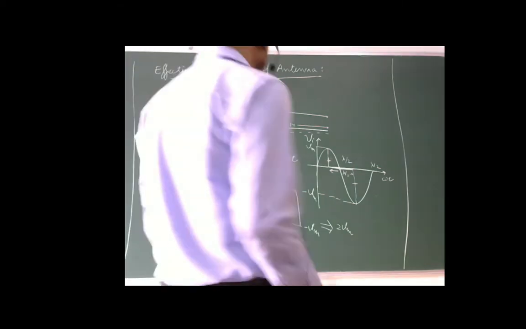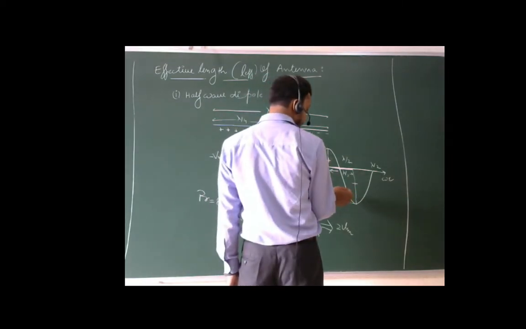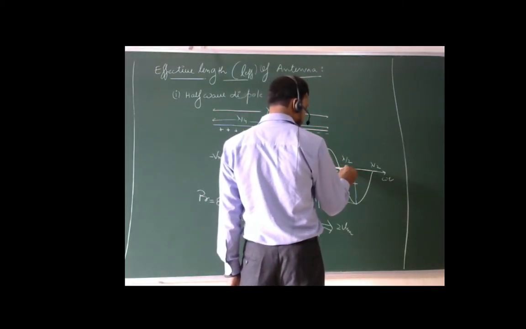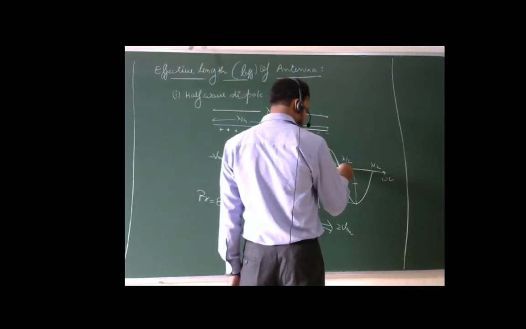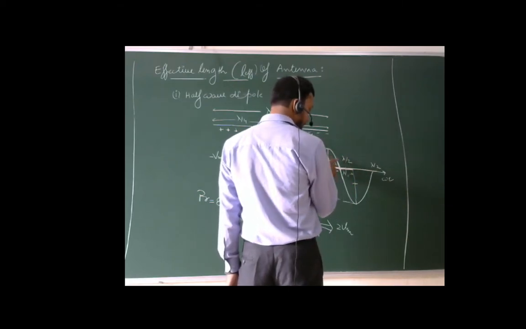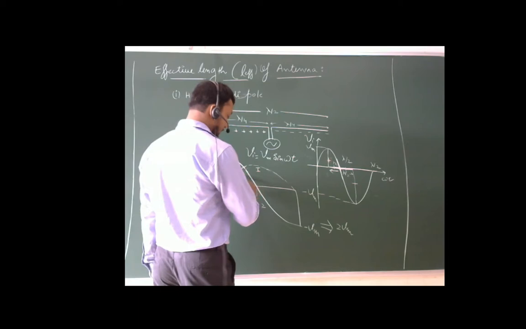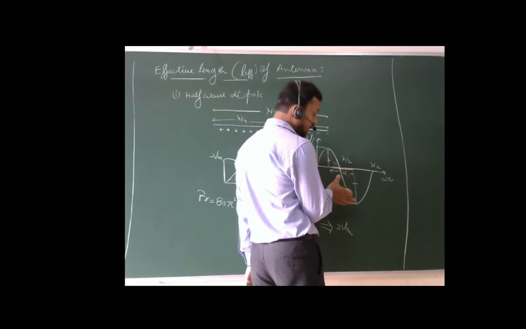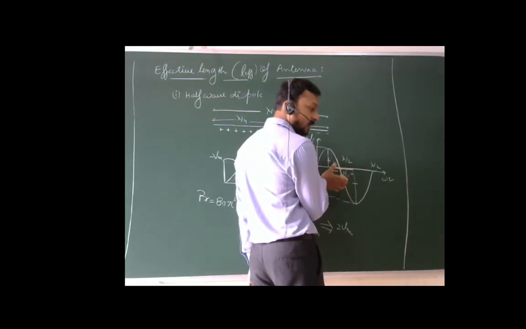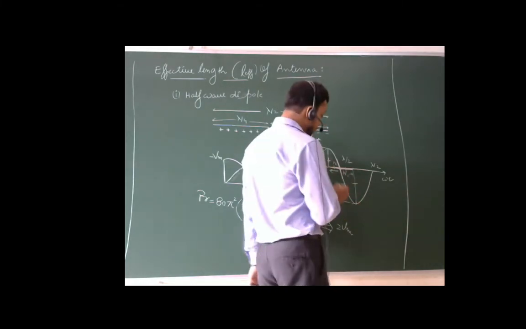From this condition, this is lambda by 2. If we take a smaller length, this will be lambda by 4, that is this region. In this region you will see the current is not uniform, that is, it is harmonic in nature. If we take a longer length, the current is harmonic in nature. However, if you shorten the length of the antenna, then the effective length obtained is shorter.